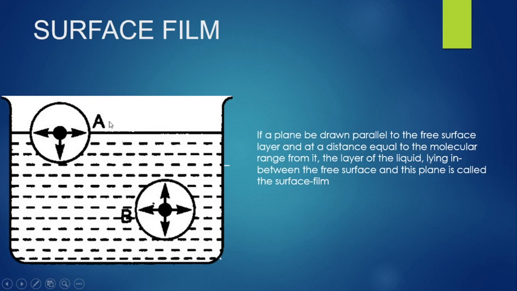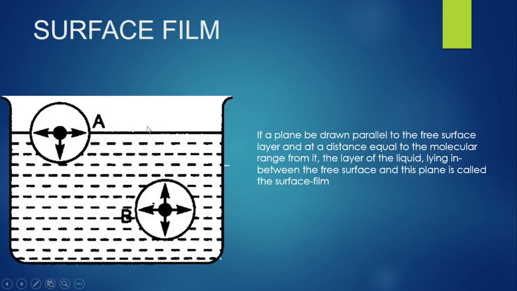While considering the surface film, first consider a plane at a distance equal to the molecular range of the top molecule. The surface film is a layer between this plane and the free surface.